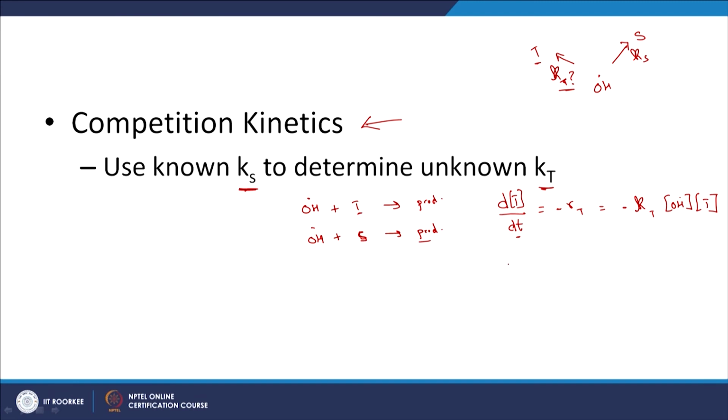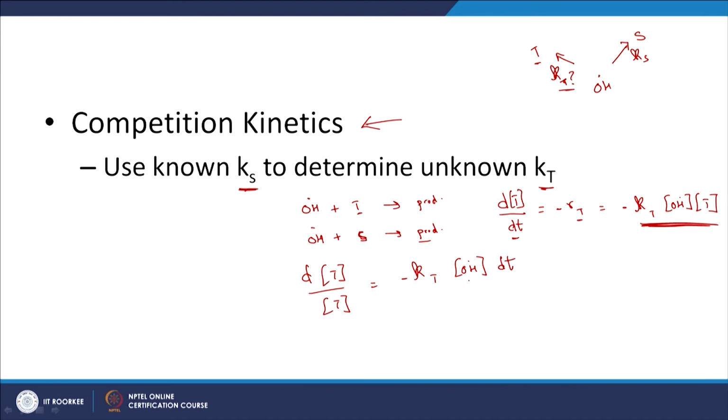So we have d[T]/dt, the differential of the concentration of the target with respect to time, equal to the rate of loss of that target, and we know the rate for that particular reaction. Let us express that as d[T]/[T] equal to minus K_T times [OH radical] times dt.